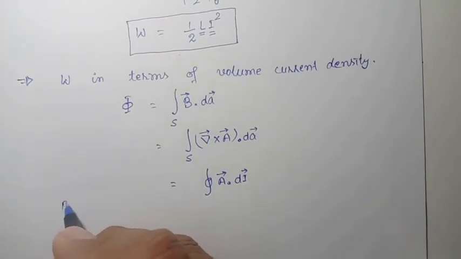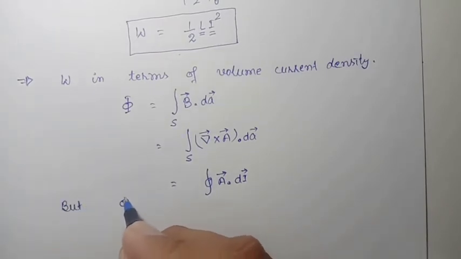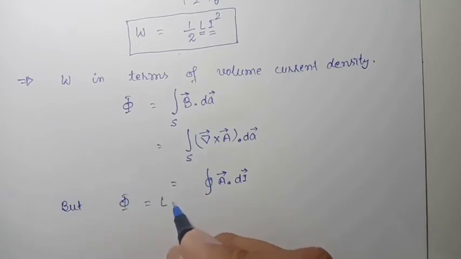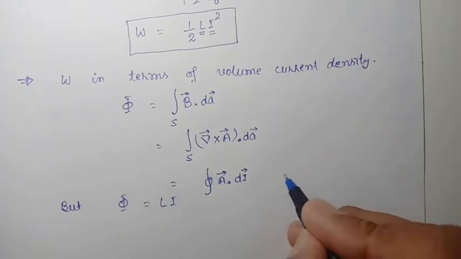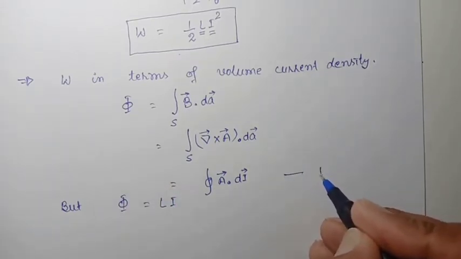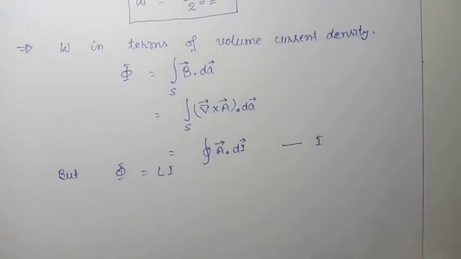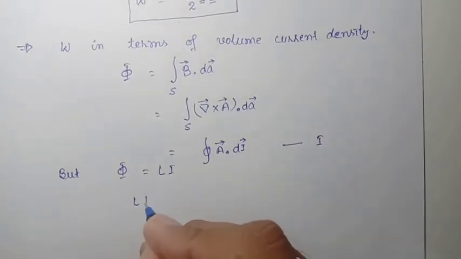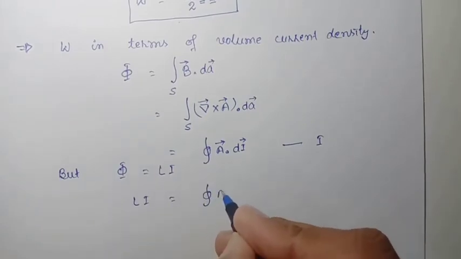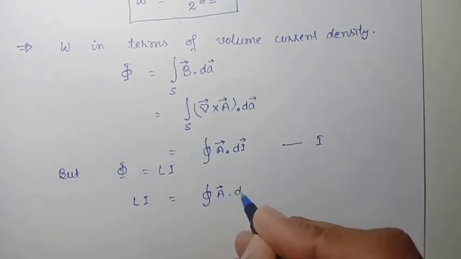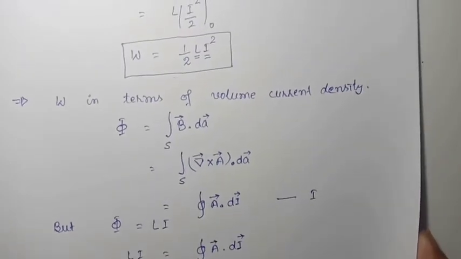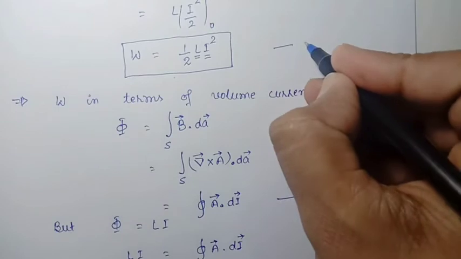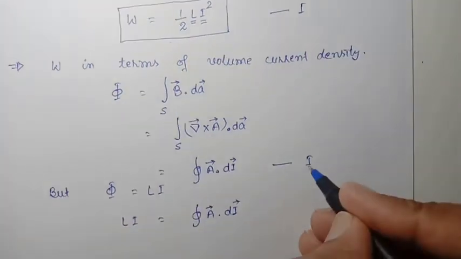Further, we know phi is equal to L I. When we substitute this value of phi, suppose this is the first equation, we can write L I equals the integral of A dot dl. Suppose this equation is 2.